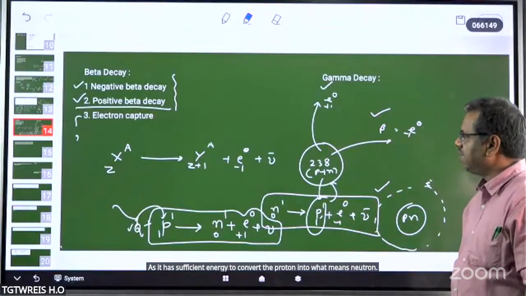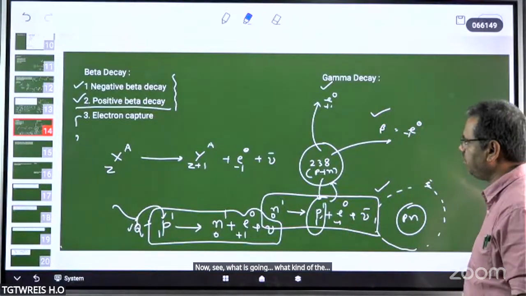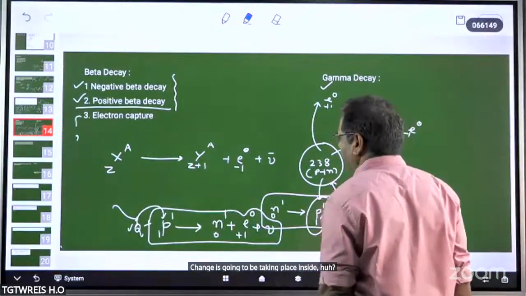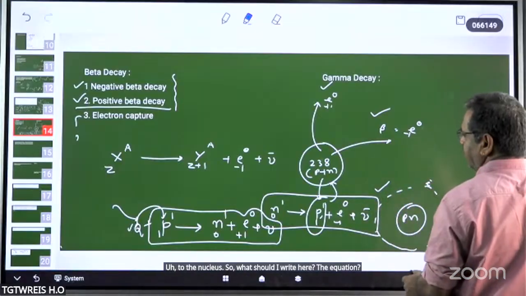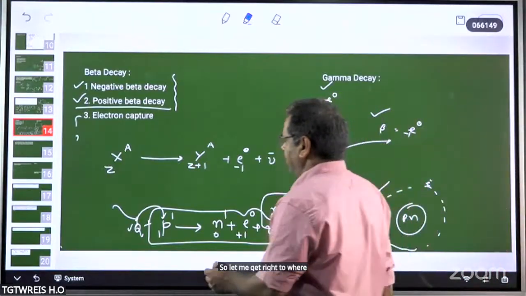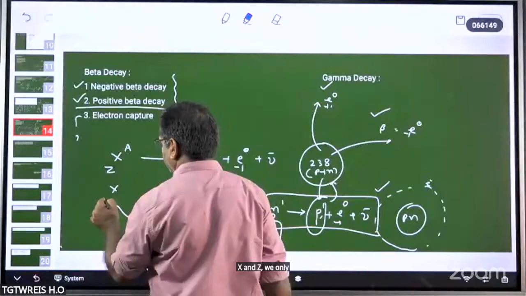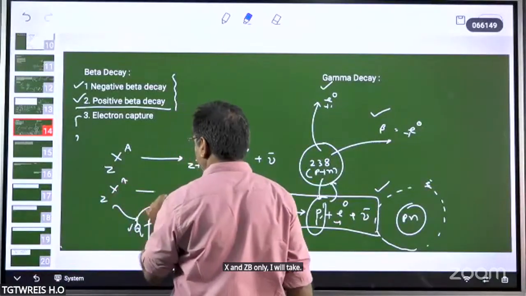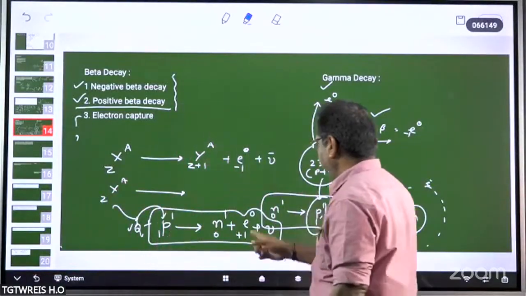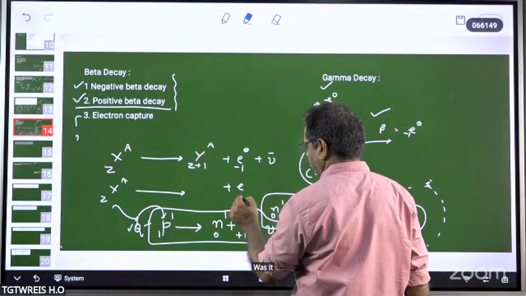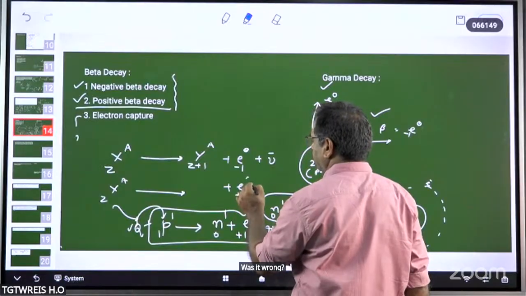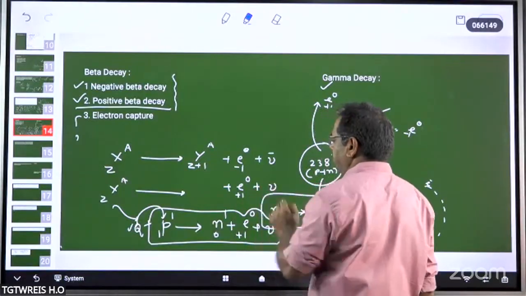Now see what kind of change is going to take place to the nucleus. So what should I write here for the equation? Let me write X with Z. What is coming outside? Positron, along with the neutrino.